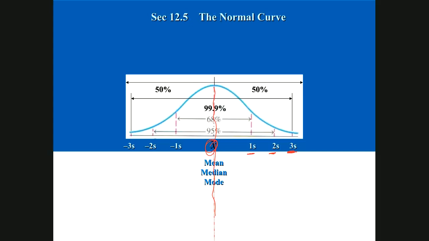Minus 1 standard deviation, that minus sign just means that we're going to the left. Okay, so it's 1 standard deviation to the left. Minus 2 standard deviations means that's 2 standard deviations to the left. And minus 3 standard deviations means 3 standard deviations to the left.